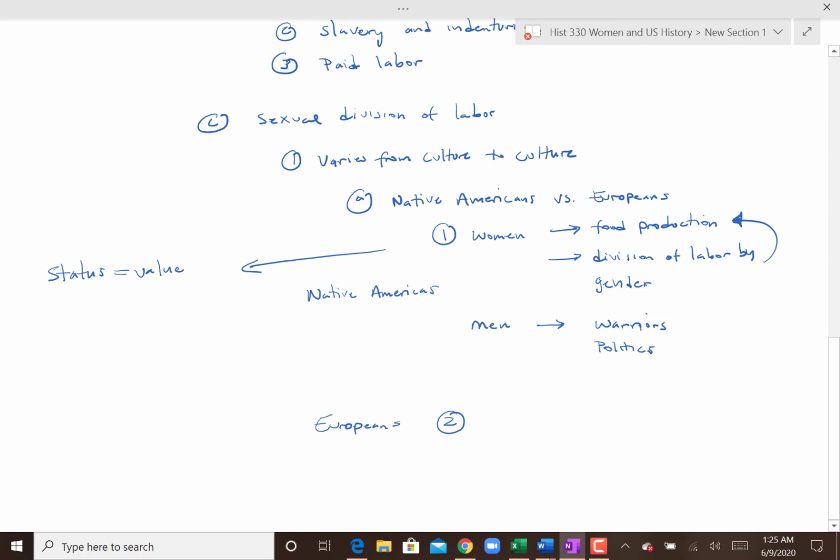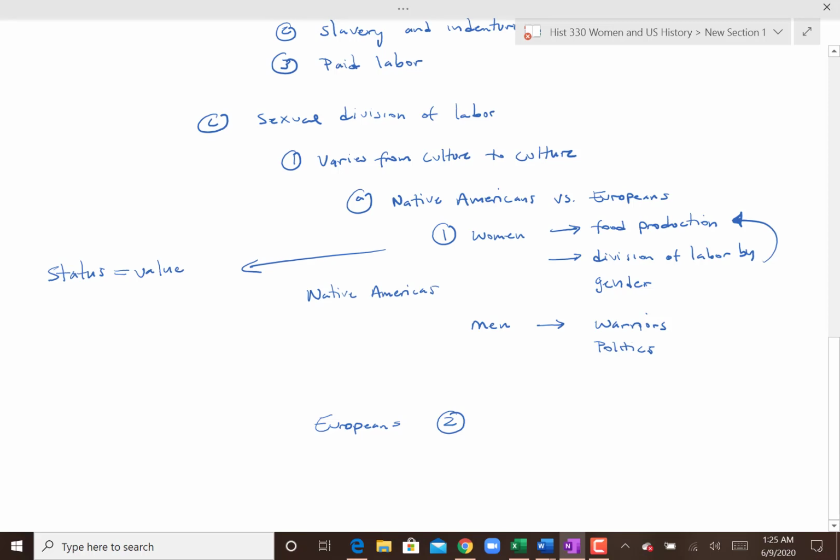It significantly structures how you live your life, what you can do in that society, how much power and authority you have in that society. So it's an important thing, which is why we're going to look at it through all of the time period from the beginning of Native Americans pre-European arrival all the way till the end of the 1950s. We're going to keep coming back to this sexual division of labor.